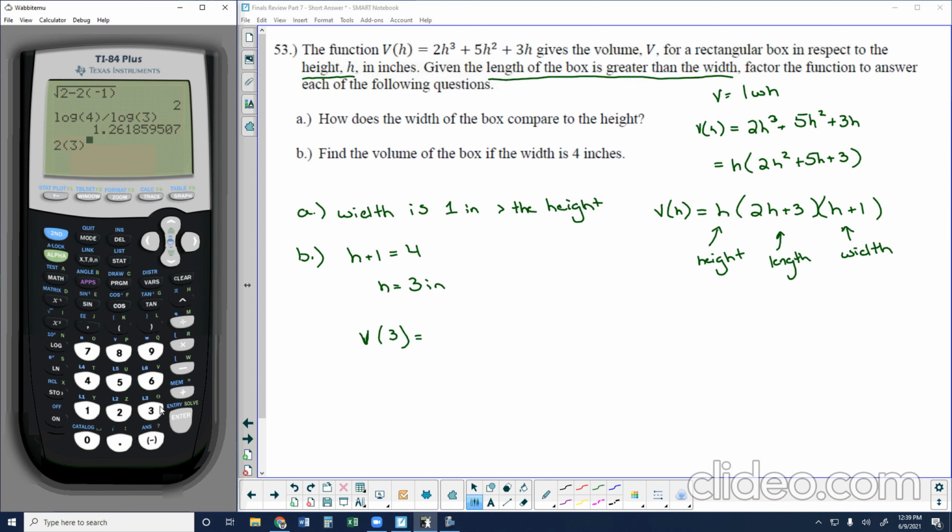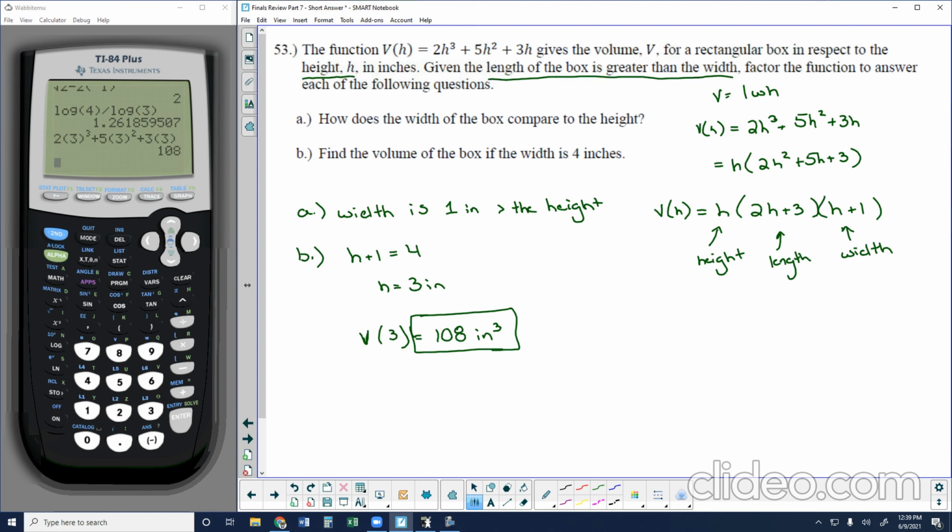I'll go back to the original function: 2 times 3 cubed, plus 5 times 3 squared, plus 3 times 3. So the volume of the box would be 108 cubic inches.